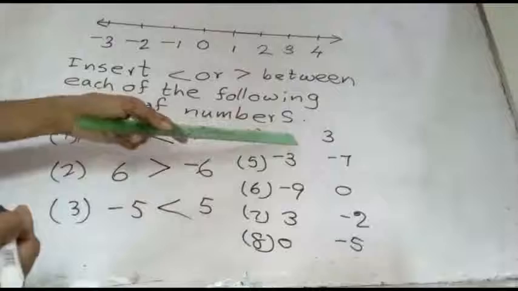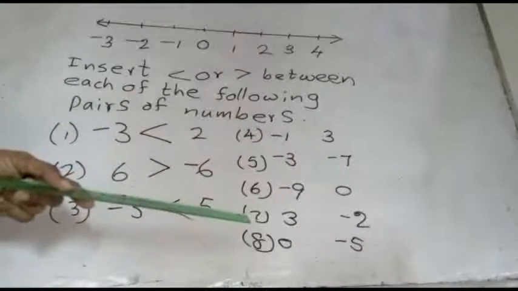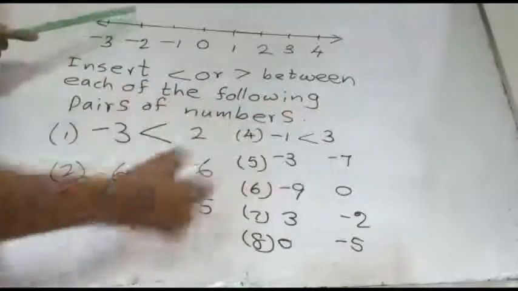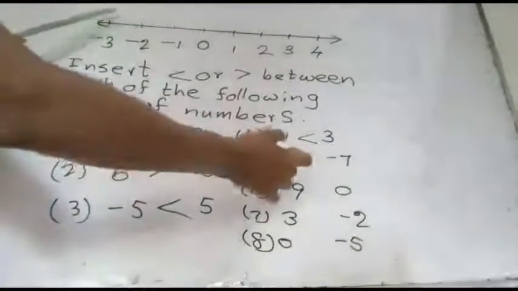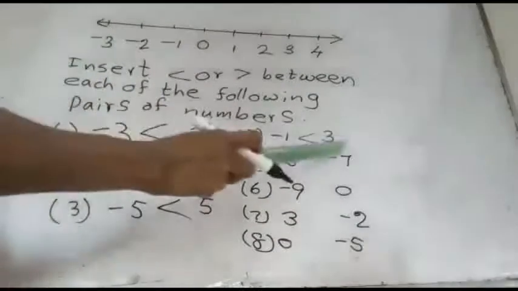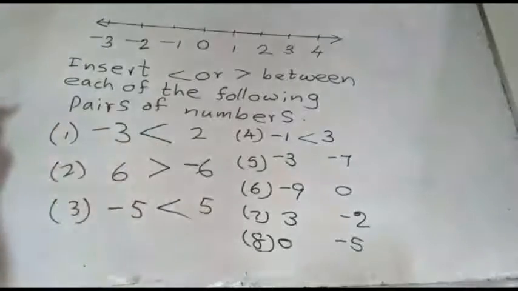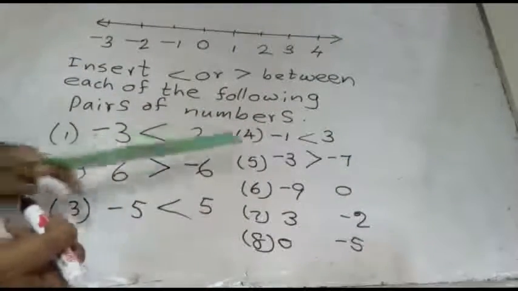Negative 1 is left of 3. Then negative 1 is less than positive 3. Negative 3 is to the right of negative 7. Then negative 3 is greater than negative 7.